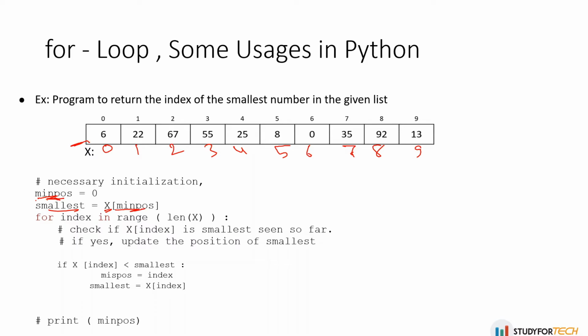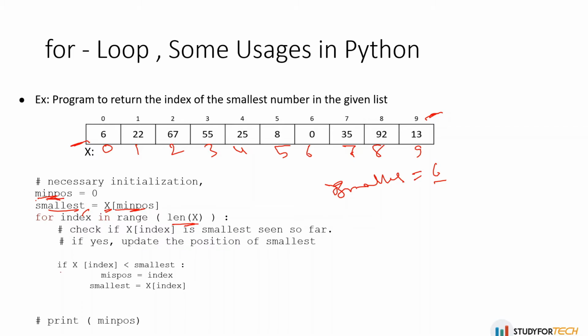So the smallest will initially hold the value 6. And then iterate through index in range length of x, so it will go till this particular position, and check if x of index is the smallest seen so far. If yes, then update the position of the smallest.